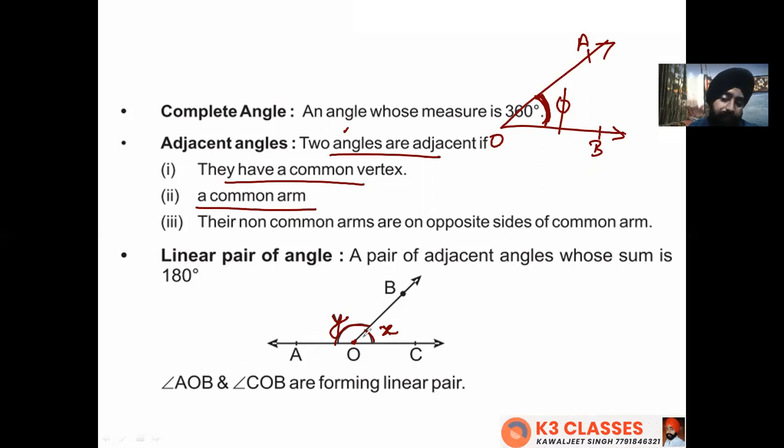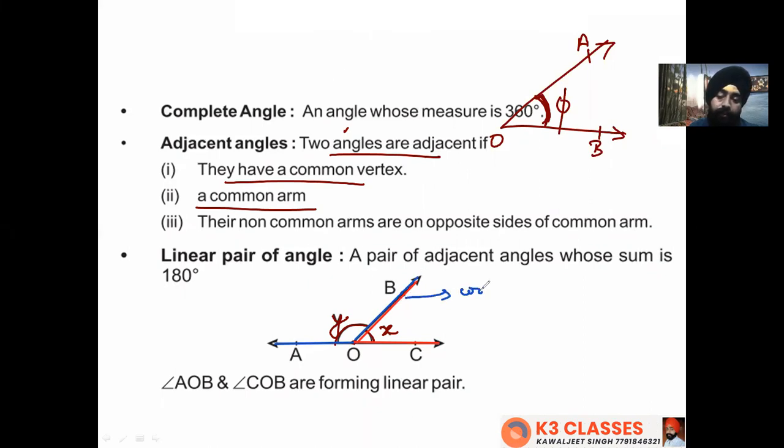For angle X, the arms are OA and OB. Now for angle Y, the arms are OB and OC. You are able to see that both the angles have a common arm.